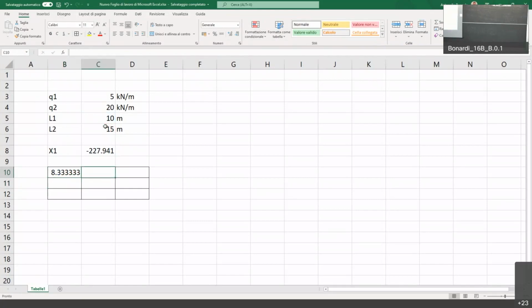The second term, first row, second column, L2 over 6. So we just type equal, select this, over 6, 2.5. The third one is 0. Then again, this is 0, this is as before, over 6.